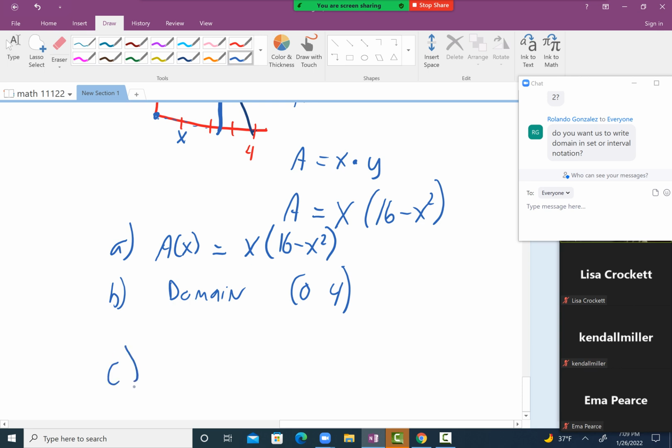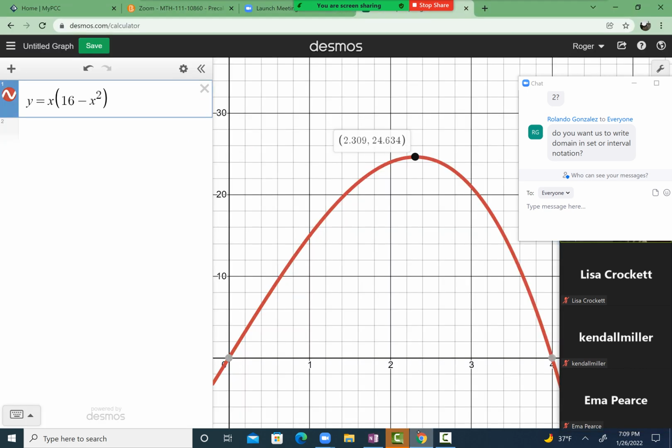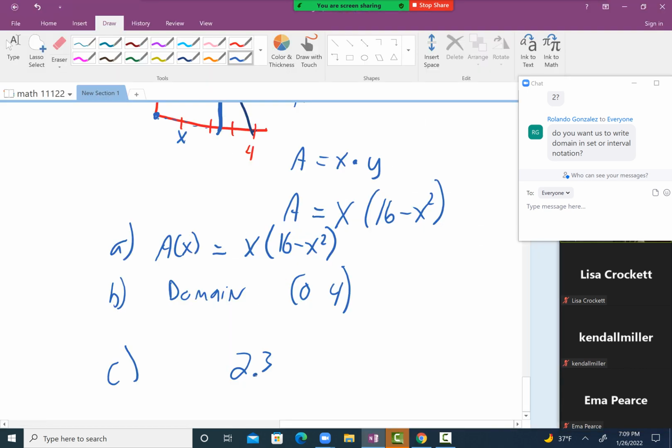So C, what was A, the largest? I think it was 2.3 something. Let me go back. Yeah, 2.309. We'll just say 2.3 was the largest x. Okay, it gave us the largest value. It wasn't the largest x. It gave us the largest value. Okay, and you could put the point down.